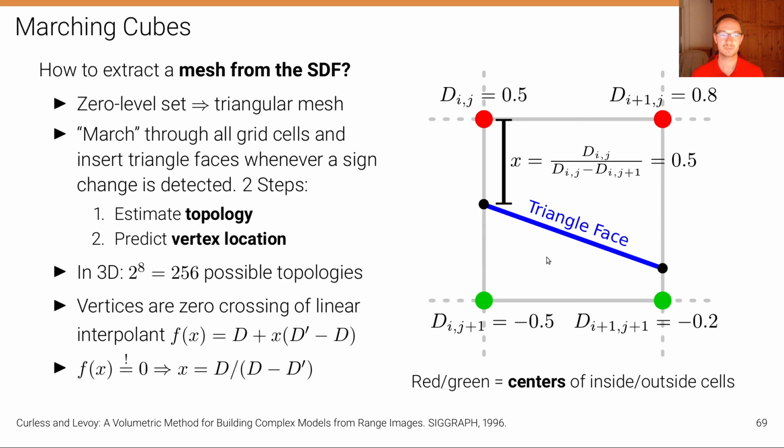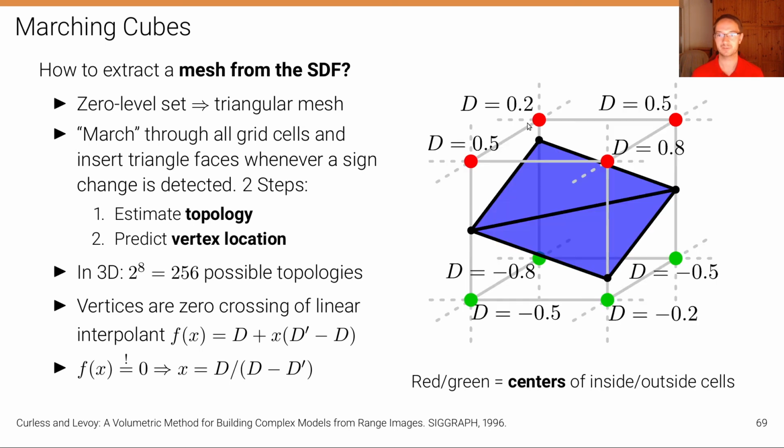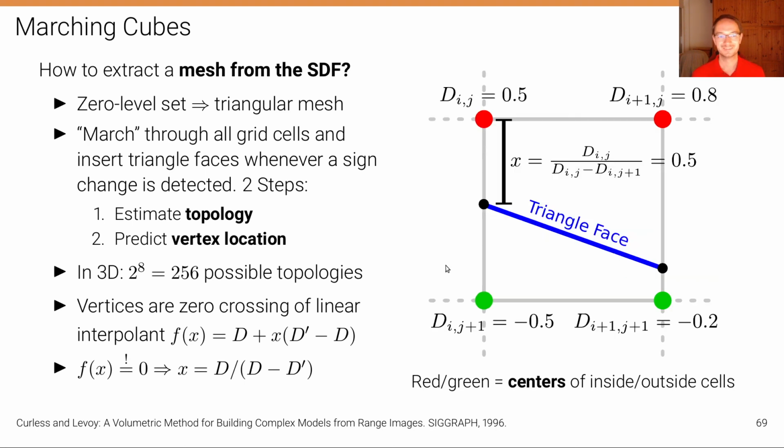But in 3D space, we have 8 corners because we have a cube, and so we have 256 possible topologies. This is the first step, figuring out the topology just by looking at which of these vertices are larger and which are smaller than 0. This directly maps one-to-one to a particular topology. Now we know where the triangle face should be located.